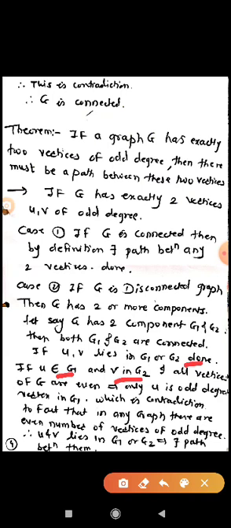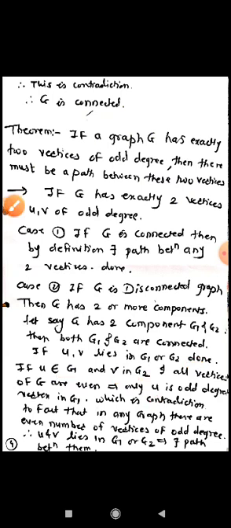Now suppose U belongs to G1, and in G1 all remaining vertices are vertices from graph G, and given that vertices in graph G are of even degree except U, that is, G1 is a graph in which only one vertex is of odd degree, which is U, and all remaining vertices are of even degree. But this is a contradiction.